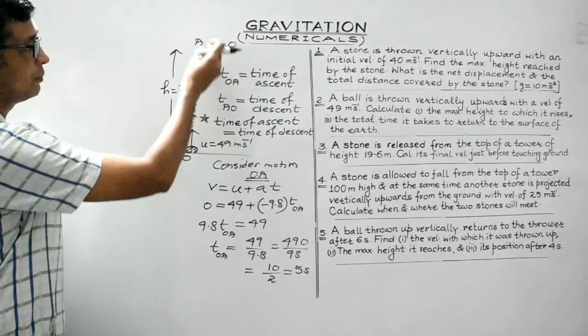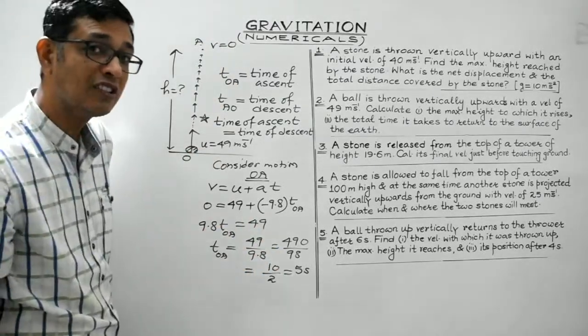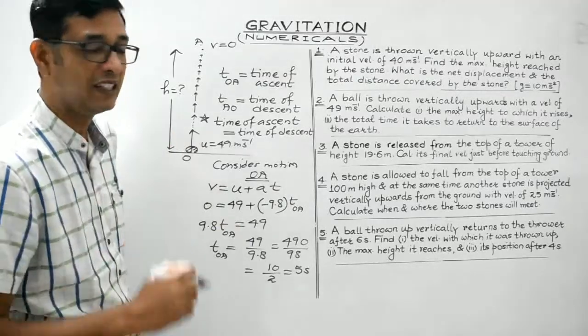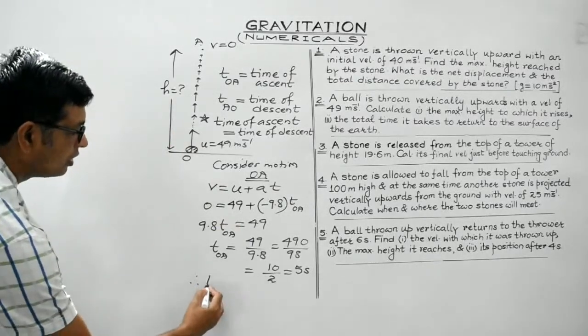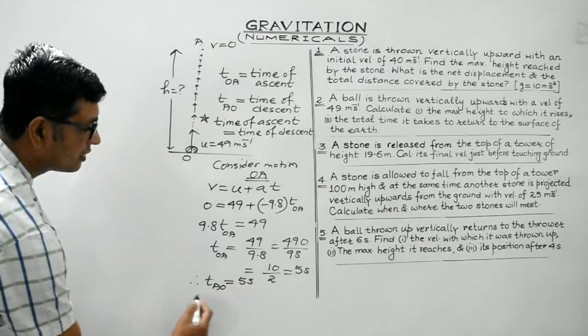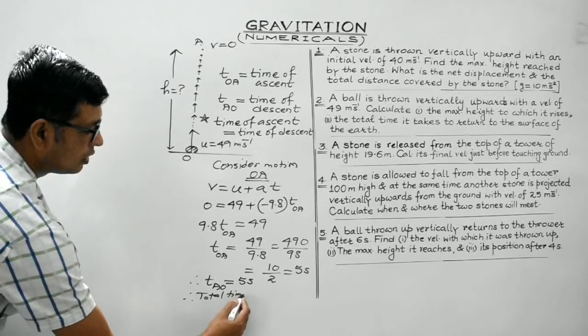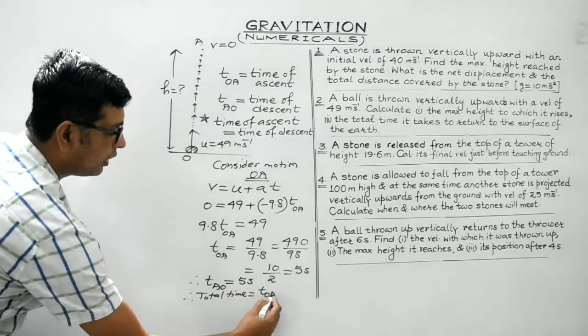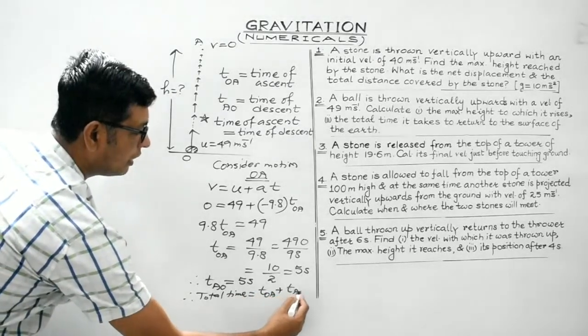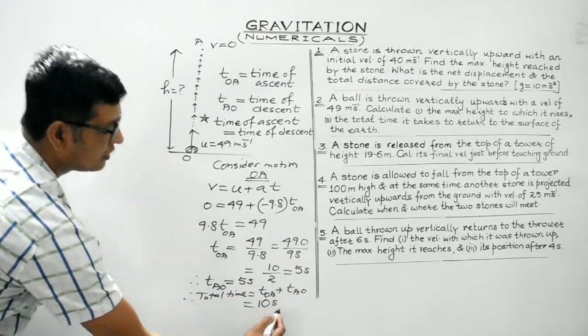Therefore, the time taken by the body to come back from A to O would be also 5 seconds, because time of ascent is equal to time of descent. Therefore, T A to O would be also 5 seconds, and therefore total time is equal to TOA plus TAO is equal to 5 plus 5, that is 10 seconds.